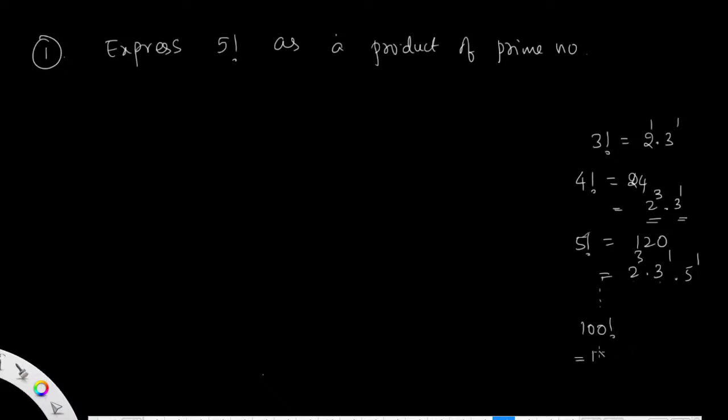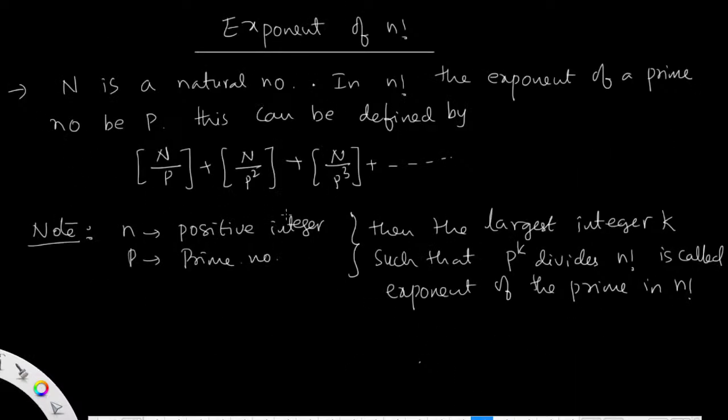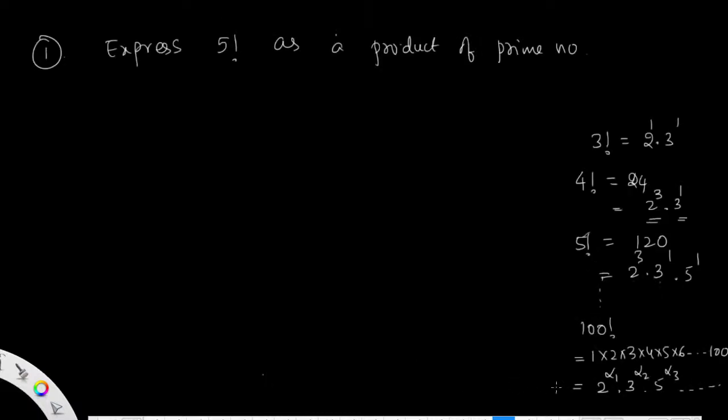We write 1 into 2 into 3 into 4 into 5 and so on up to 100. How many times do the divisors 2 power alpha 1, 3 power alpha 2, 5 power alpha 3 occur? That is the formula: floor of n by p, floor of n by p square, floor of n by p cube, and so on.